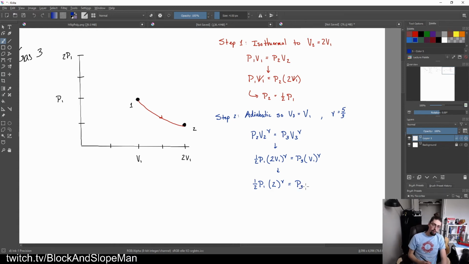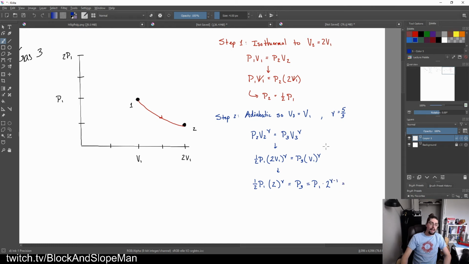And you could solve this out right now, and that would be fantastic. I would like to keep this as an exact number because it helps me a little bit at least. So this is 2 to the gamma power divided by 2. Anything to the anything power divided by itself is now to the power minus 1, right? So I can redefine this and say, okay, this is really P1 times 2 to the gamma minus 1 power.